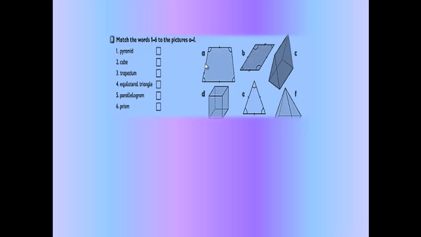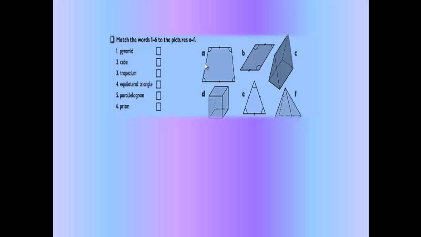Number 4, equilateral triangle. It's just a triangle, but it has 2 sides which are equal. So here we can match it. We can match number 4 with E.